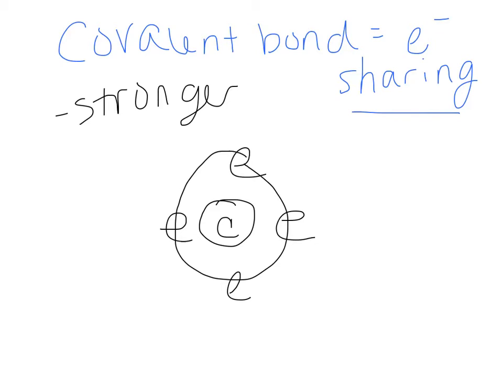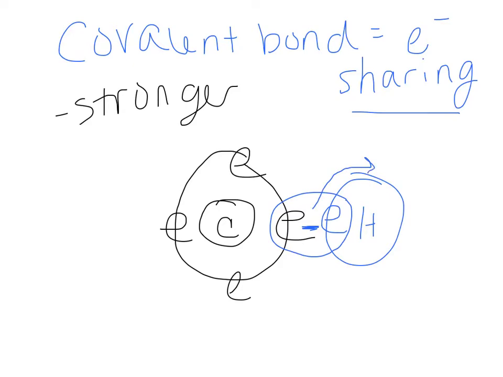For instance, let's give it some hydrogens that it can hang out with. Okay, well, hydrogens have 1 electron in their valence shell. So if this hydrogen shares its electron with this carbon, now they share these electrons here. Okay, the hydrogen's happy. It's got 2 that orbit it sometimes. Now the carbon has 5 that sometimes orbit it.